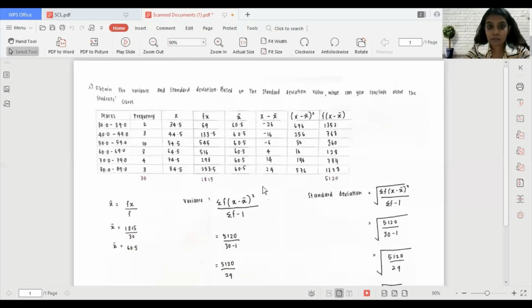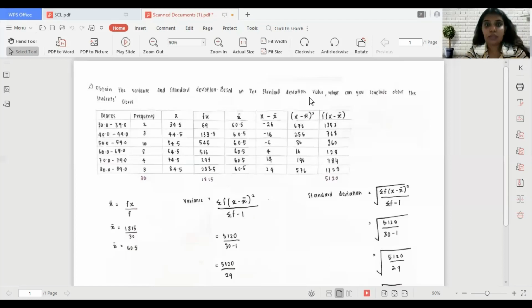With this, we have to square it. After squaring it, this is what we get: 676, 256, 36, 16, 196, 576. With these values, we have to multiply with f.